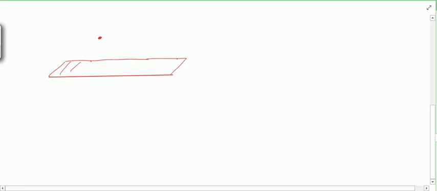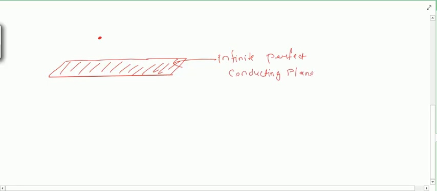So this is an infinite perfect conducting plane, and here plus q charge is present. Suppose this is an infinite conducting plane which is grounded.